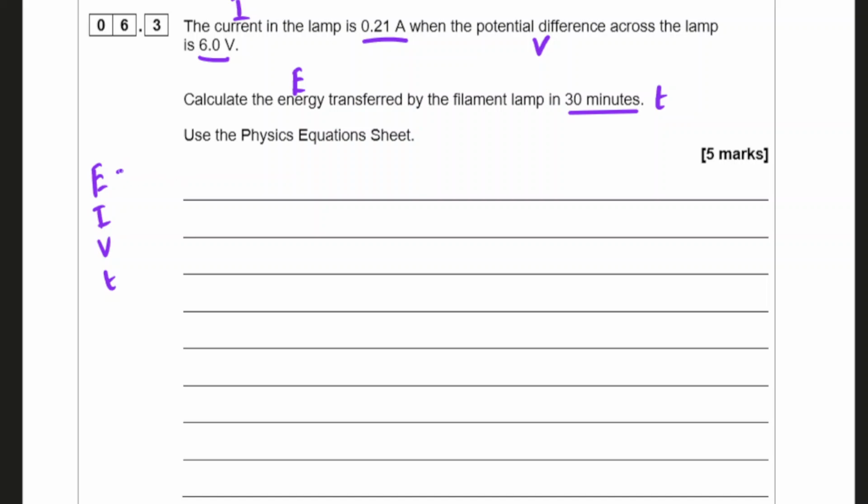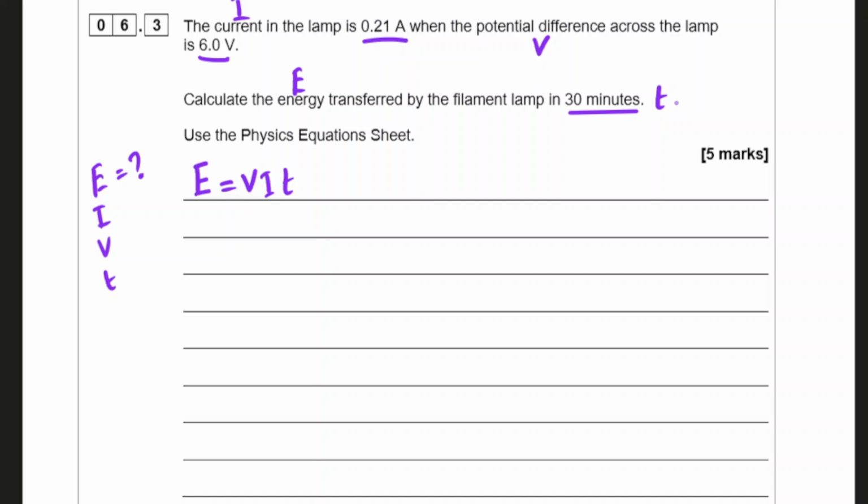So they're asking me to calculate the energy. There's no one equation which links all three of them. Actually, there might be, right? Now there's a couple of equations that you can use. The first equation, which is just one single equation, is E equals V I T. Energy equals the potential difference multiplied by the current times the time.